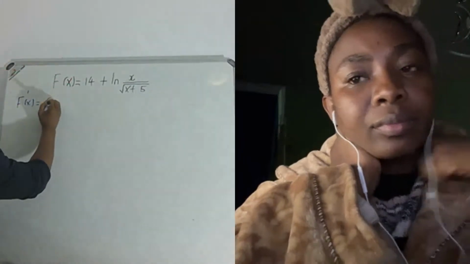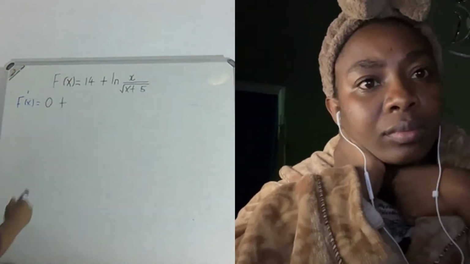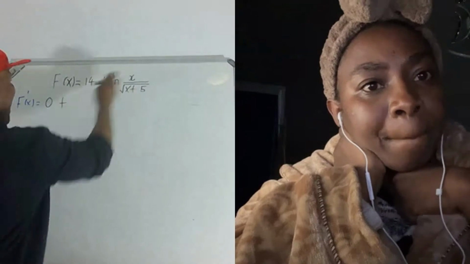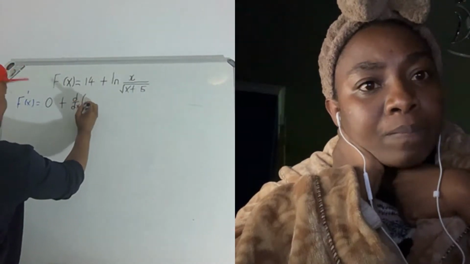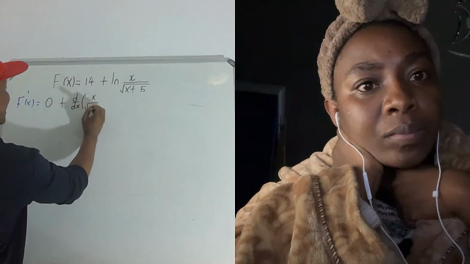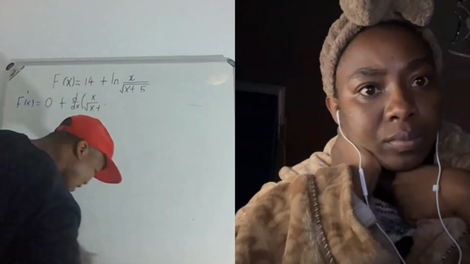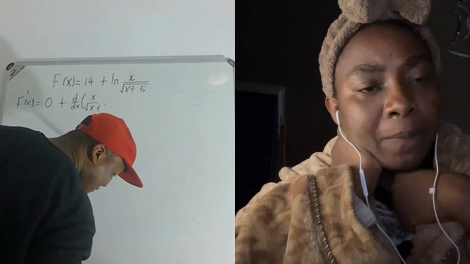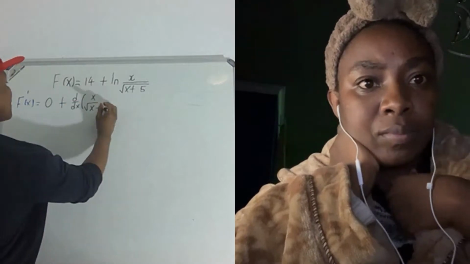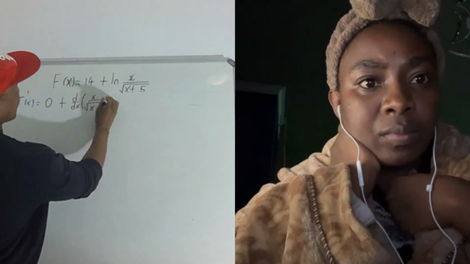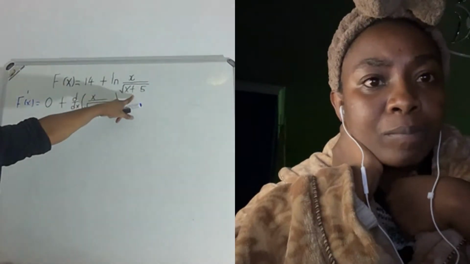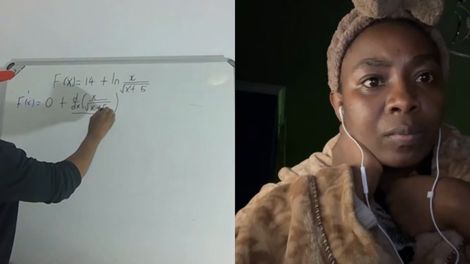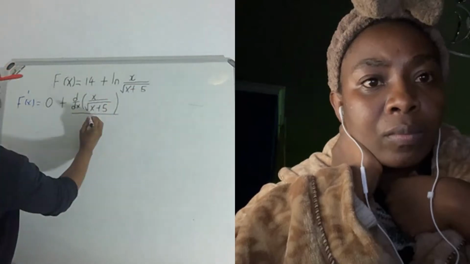So this will give us 0, and then we plus differentiate what you have here. It's a power thing. So we differentiate that, and then we want exactly what you have here.